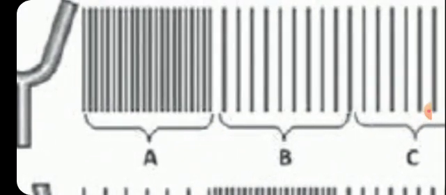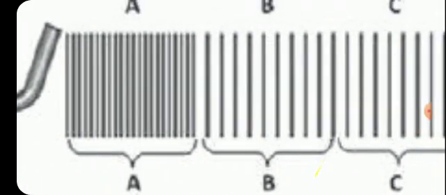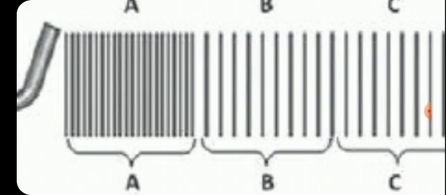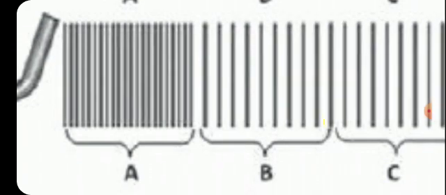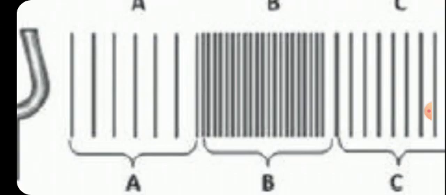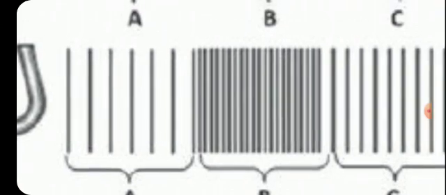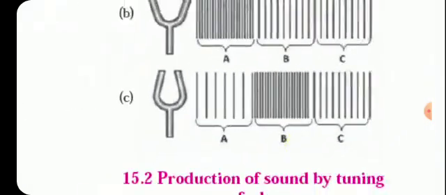However, the air molecules which are in compressed state, that is in region A, transfer their energy to the air molecules present in the region B. So, the air in this region becomes compressed, and periodic motion of prongs creates compression and rarefaction in the air and these are propagated away from the prongs.